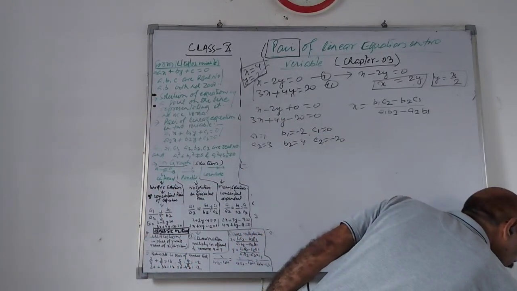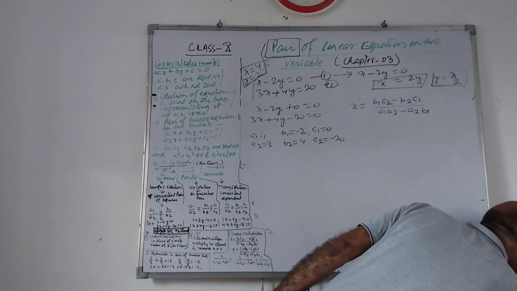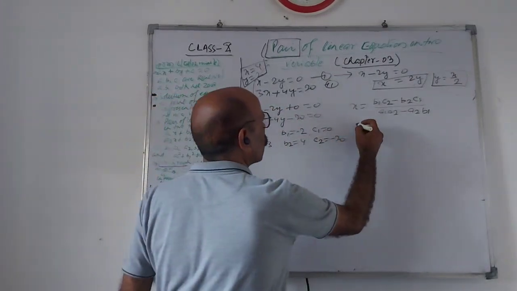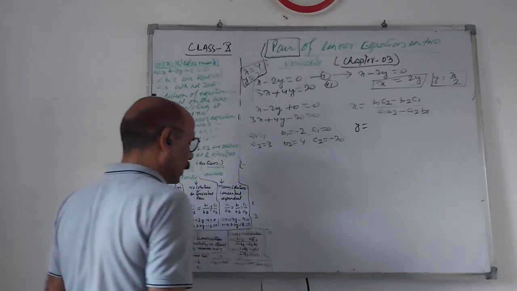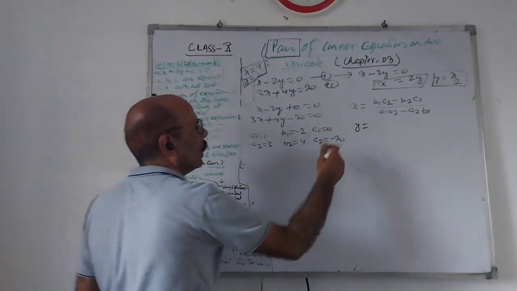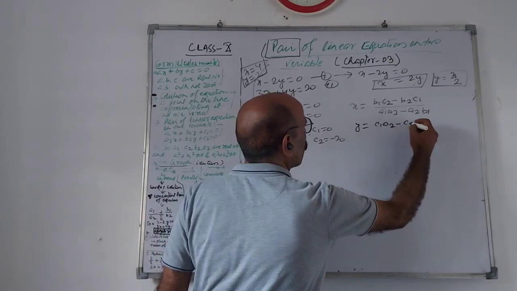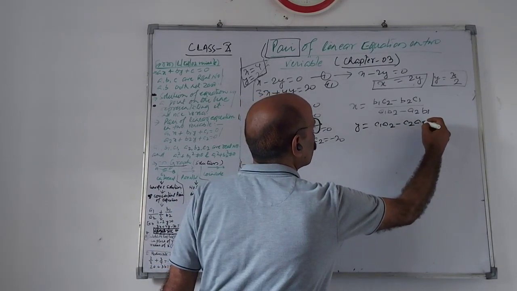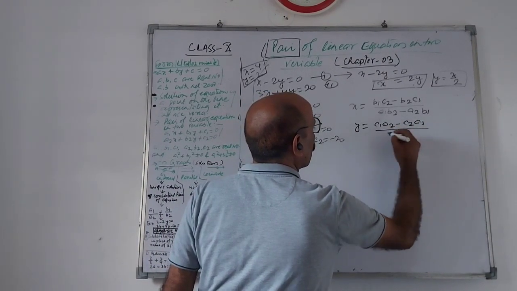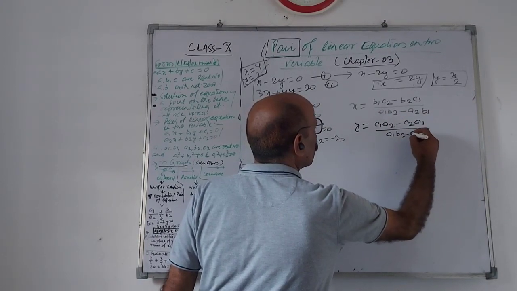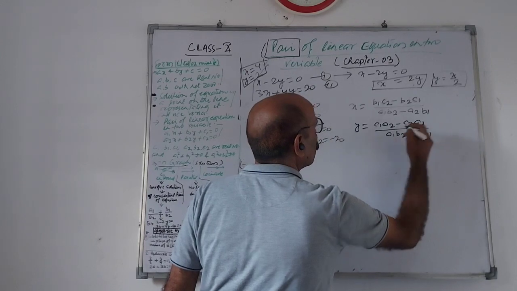Then y is equal to c1 a2 minus c2 a1, and the bottom is the same: a1 b2 minus a2 b1.